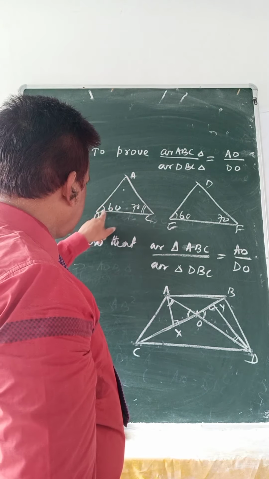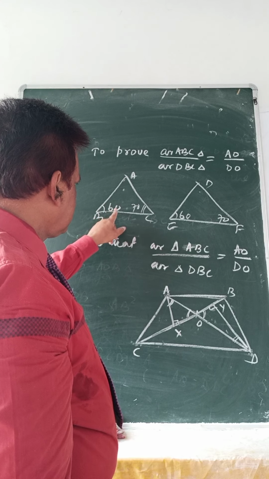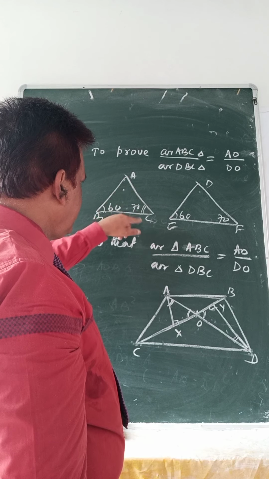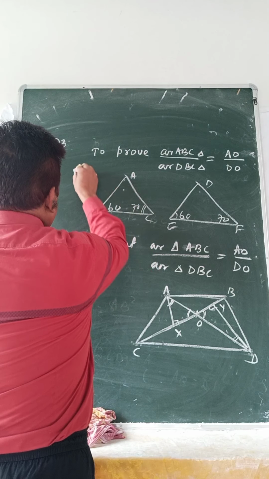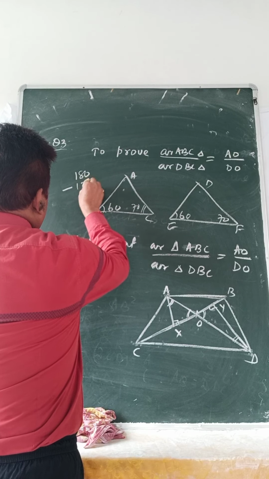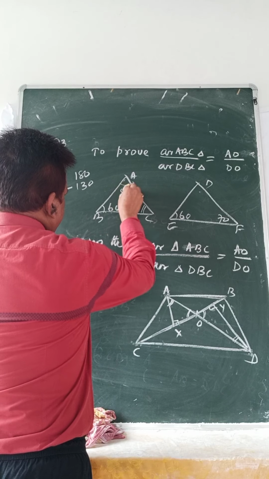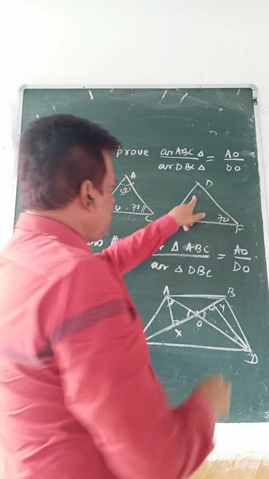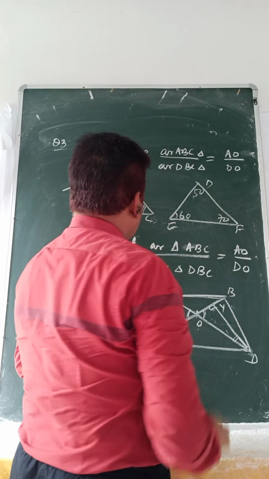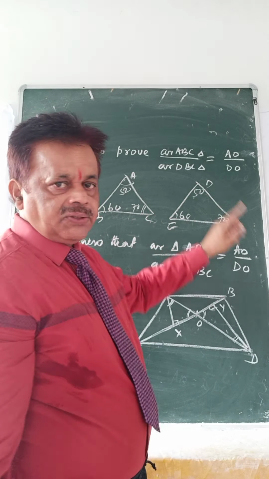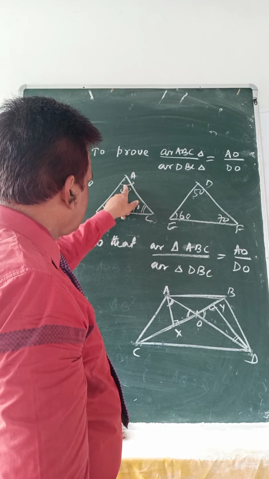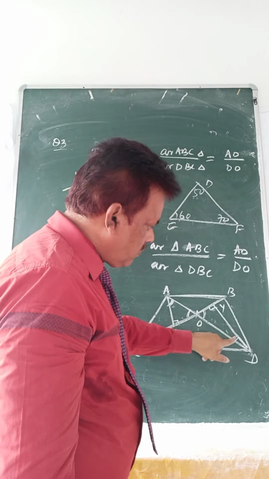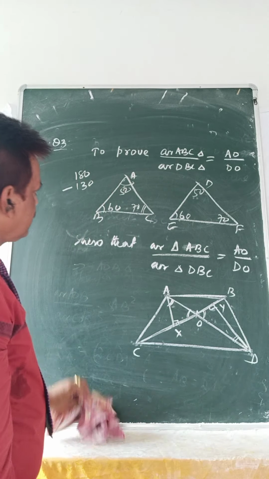Because the sum of three angles of a triangle is how much? 60 plus 70, 130. So 180 minus 130 is 50 degrees. Similarly, this will be 50 degrees. That means if this is not given also, if two corresponding angles are equal, then the third angle will be automatically equal. So now how to start?